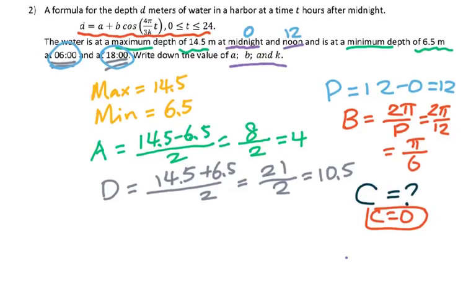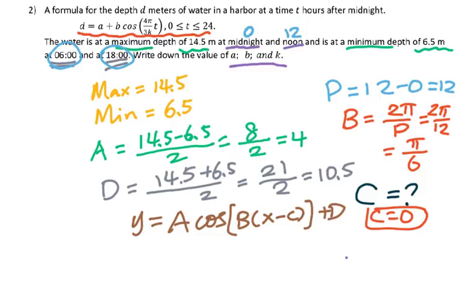Now, according to this information, we can write down our equation. The general pattern will be like this. So we got y equals, A here is 4, cosine.